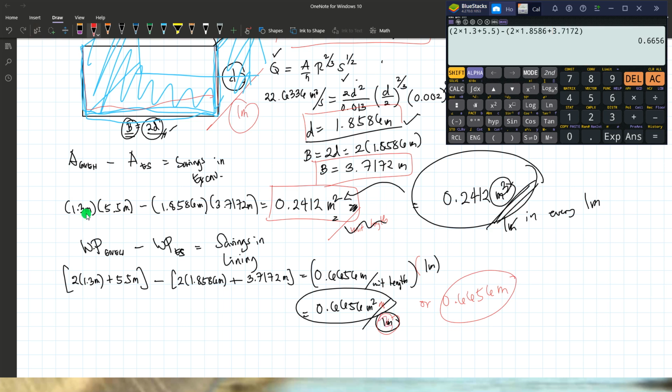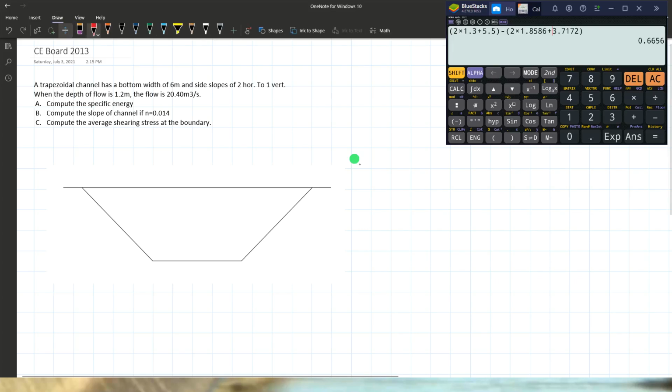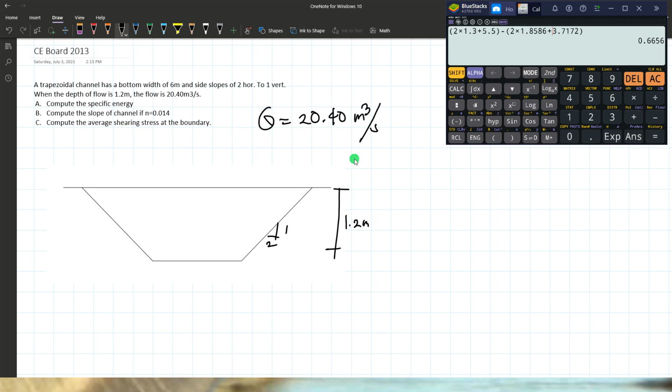So let's proceed. Next problem, we have a trapezoidal channel that has a bottom width of 6 meters and side slopes of 2 horizontal, 1 vertical. When the depth of flow is 1.2, the flow is 20.4 cubic meters per second.